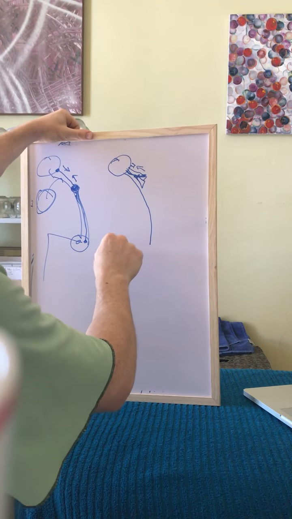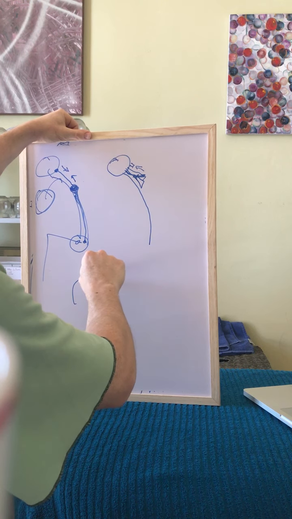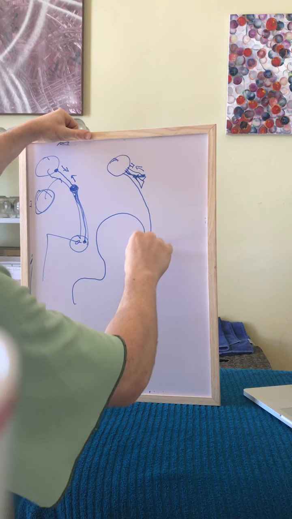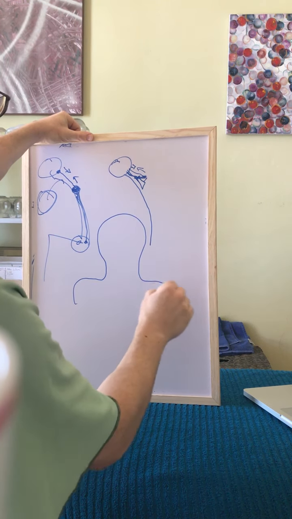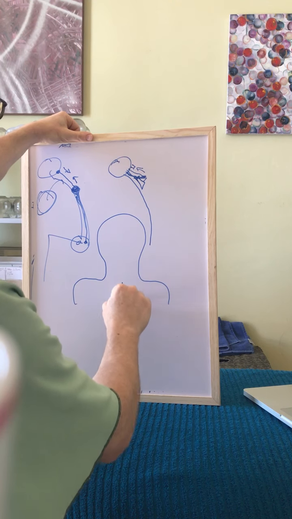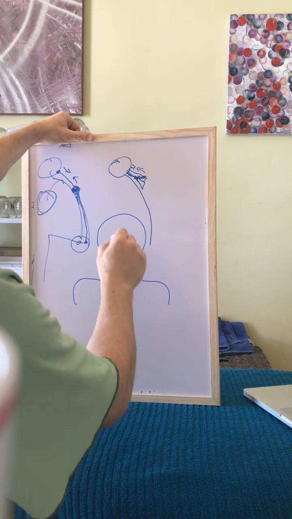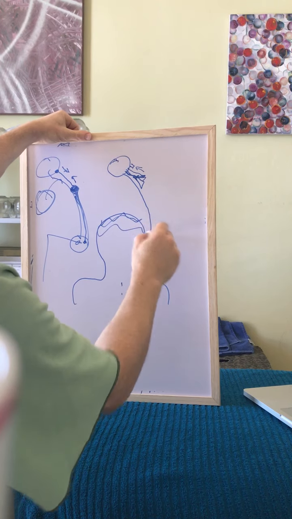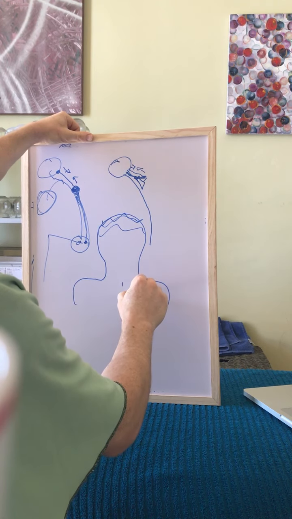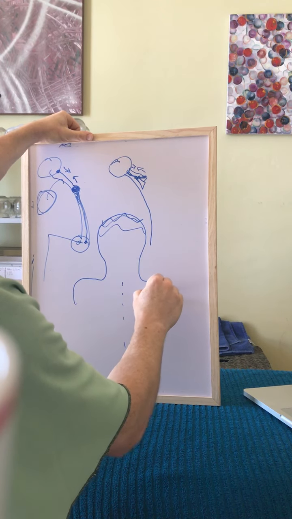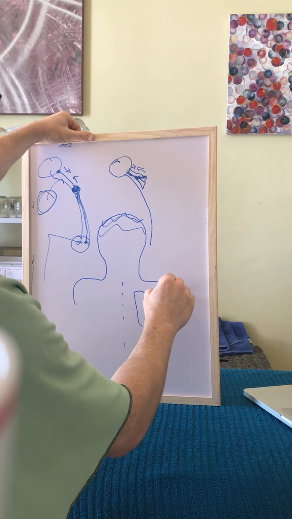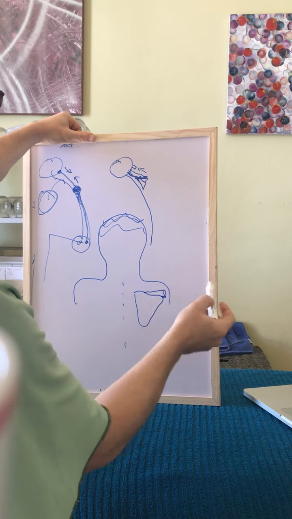If we look at it from the back, so there's your shoulder, and here's your spine, and we're looking at it from the back, yeah. So shoulder blade. Yeah, it's a weird thing.